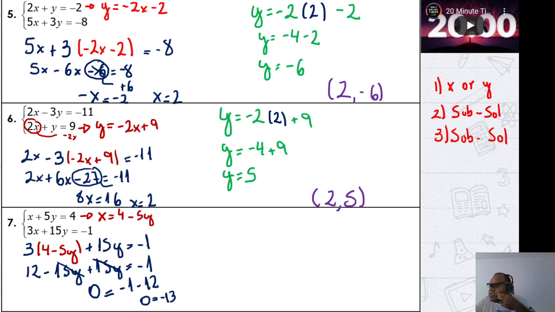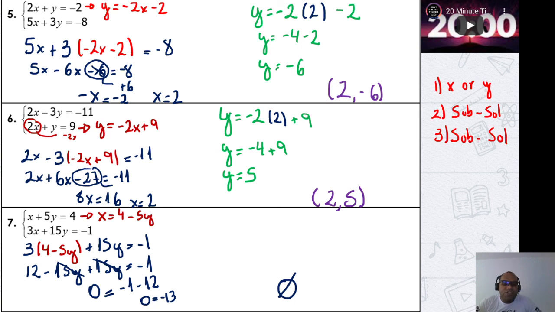If you notice over here, these are parallel lines. Why? Because if you solve for y in both equations, you get the same equation. And you need to verify and work on it, and we got this one. This is no solution.